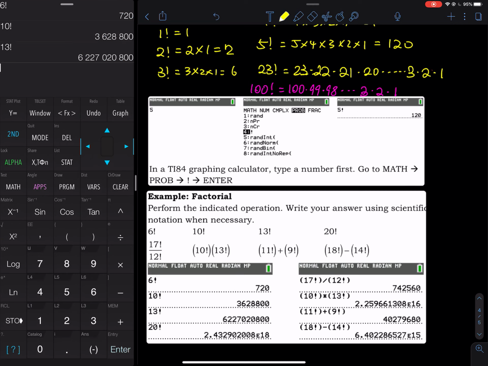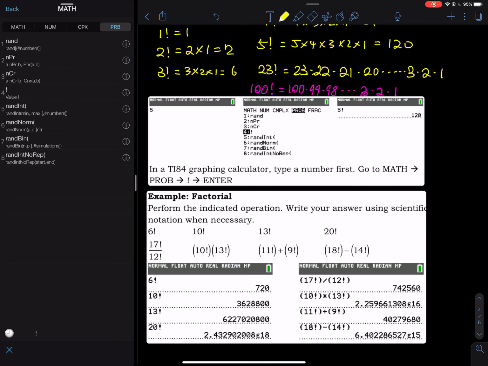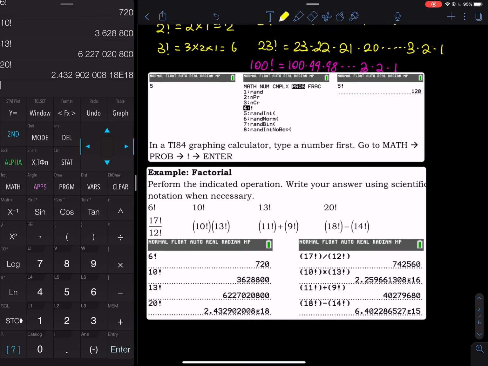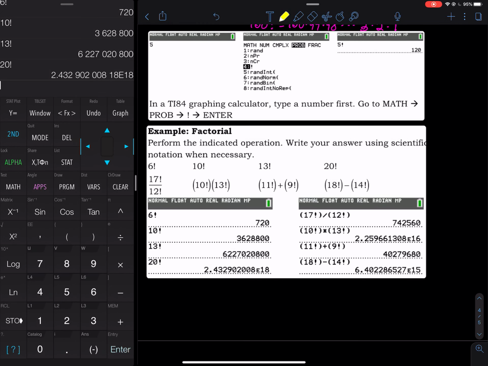So it looks like if you increase the number a little bit, you will get an extremely big value, like 20 factorial: 20, math, probability, factorial, and you get this number. So how do you write that on your paper? We study scientific notation, right?